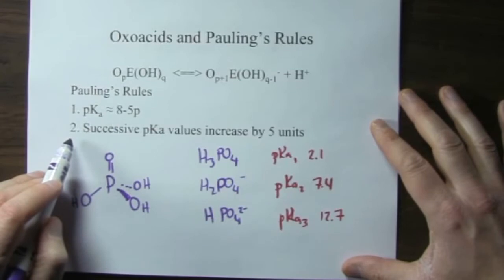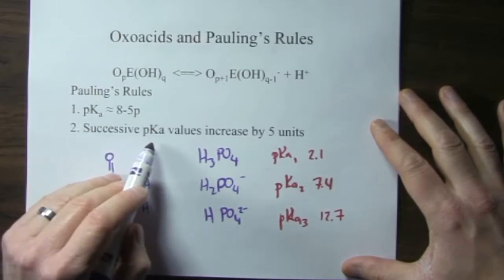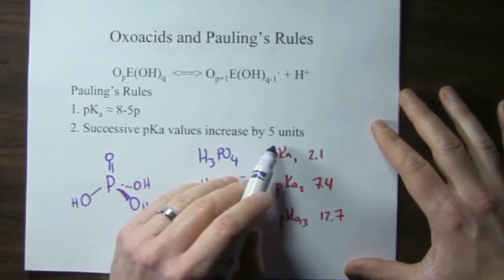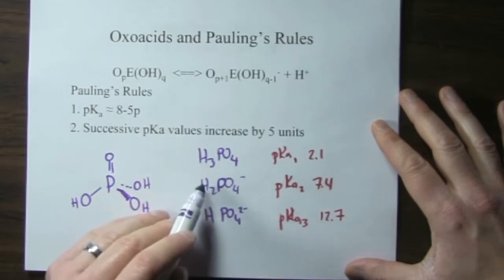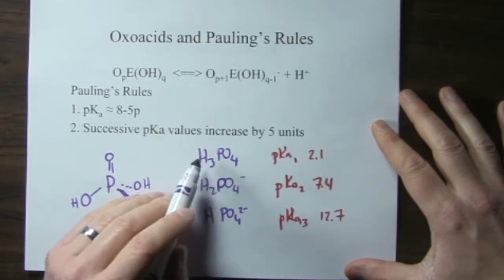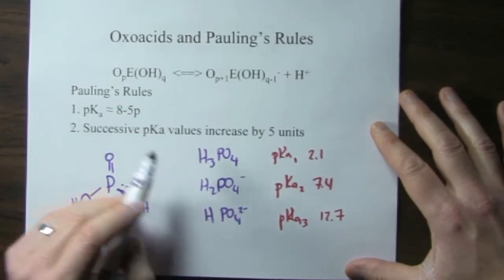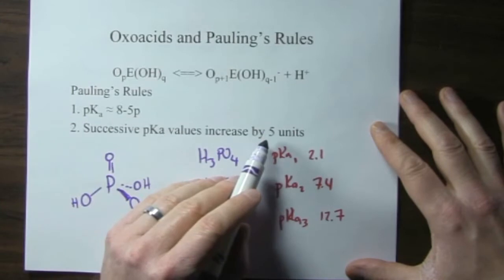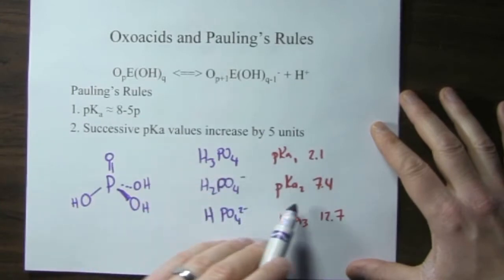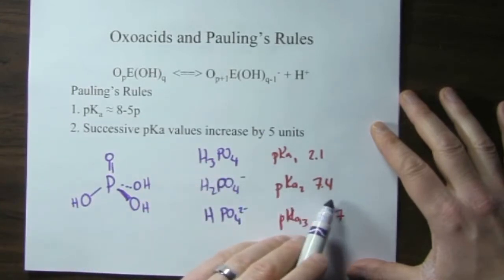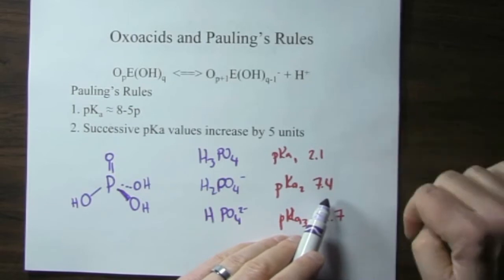Now, the second part of Pauling's rules is that successive pKa values should increase by 5. In other words, if you have a polyprotic acid, like phosphoric acid, the second proton to come off should be that 3 that we started with, plus 5. It should be around 8. And the pKa of the second proton is actually 7.4.